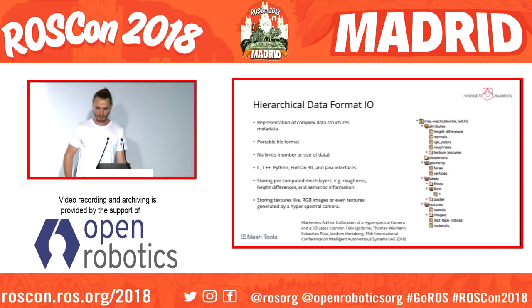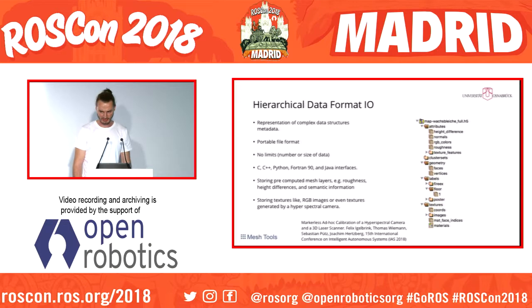So we want to store these data. So you can imagine if we have a lot of materials and a lot of images and millions of points, then it's hard to store that with ROS bags or something like that. So we thought maybe hierarchical data format 5 is a good idea, because it's used widely in the scientific world, and it's made for complex structures and metadata, and also it's a portable format.